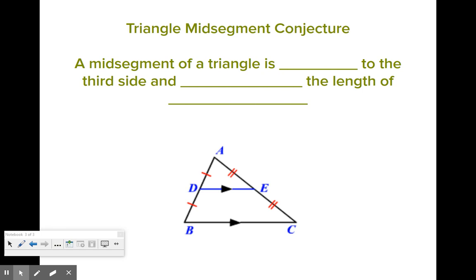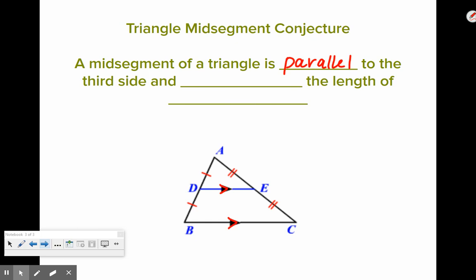Next, we have the triangle midsegment conjecture. It says that if we have one midsegment of a triangle drawn, so DE, that's a midsegment, then it is parallel to the third side. Notice I have my parallel arrows.